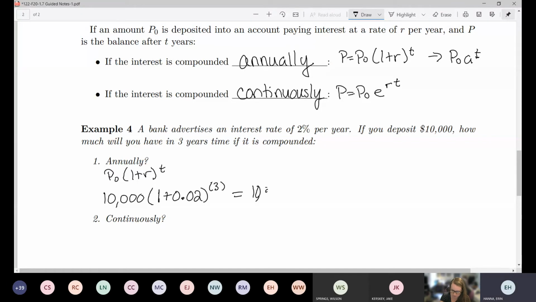So just for giggles, I'll write 1.02, but punch that into a calculator. And that's going to result in approximately $10,824.32.